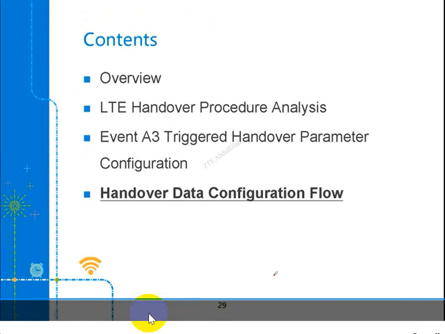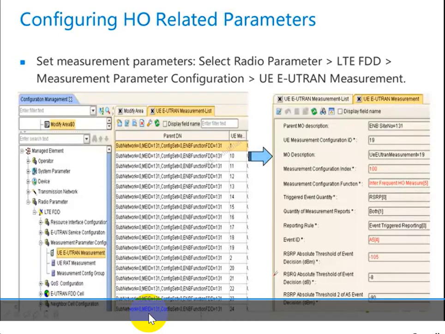The last part is the handover data configuration flow. When you log in to our NetNumen, from NetNumen you first go to Radio Parameters, LTE FDD, and there is the UE measurement management, right? In the UE measurement management, here we can set all the parameters.